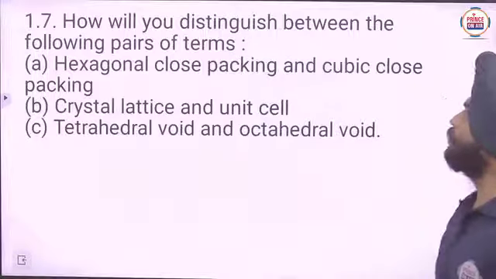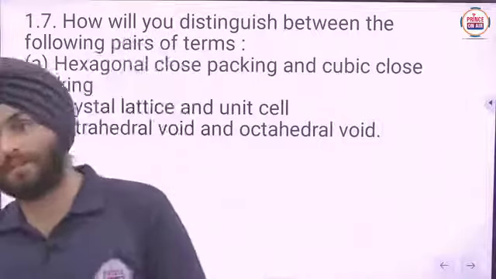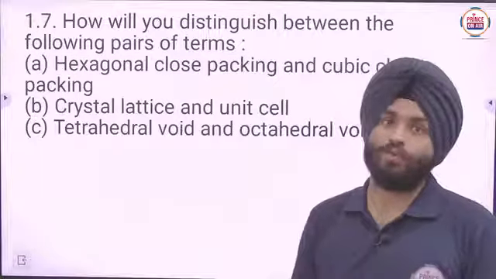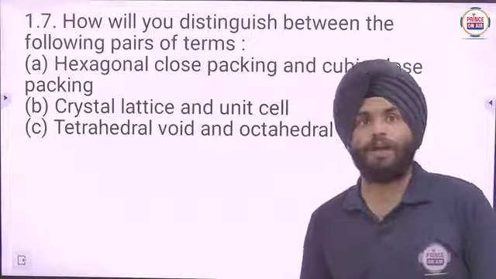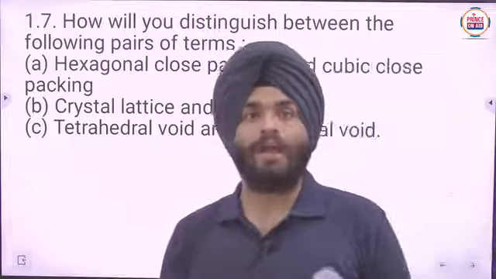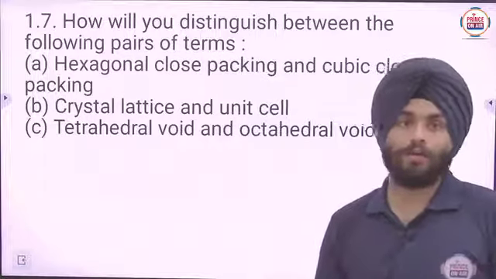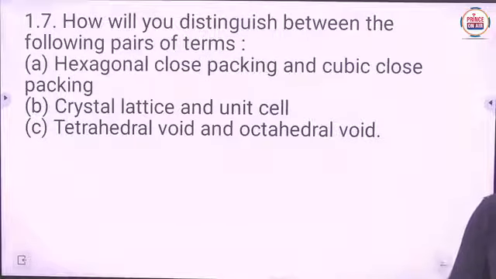Next is, how will you distinguish between the following pairs of terms? That we have already discussed in the previous lectures. You can see those lectures once again, and I will just give you a hint on how to answer. Hexagonal close packing and cubic close packing, you have to tell the difference between these two.